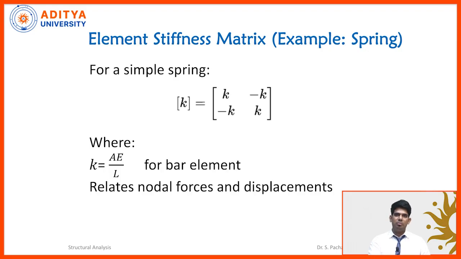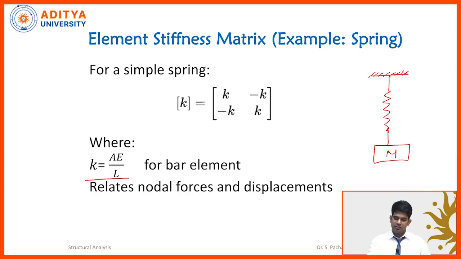But what about the stiffness matrix? For example, this is derived for a spring. Consider a fixed support, it has a spring and this spring has a suspended mass. So, let us calculate the elongation.